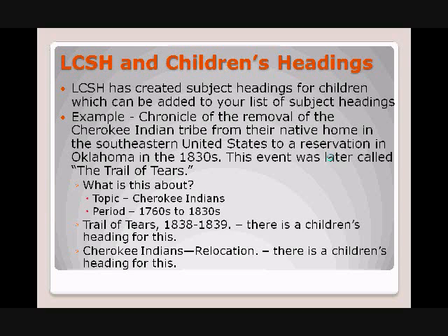You will find, if you search in the Library of Congress subject authorities, Cherokee Indians with a subdivision relocation. There's a children's heading for this. There's also a children's heading for Trail of Tears with 1838 to 1839 as chronological application.